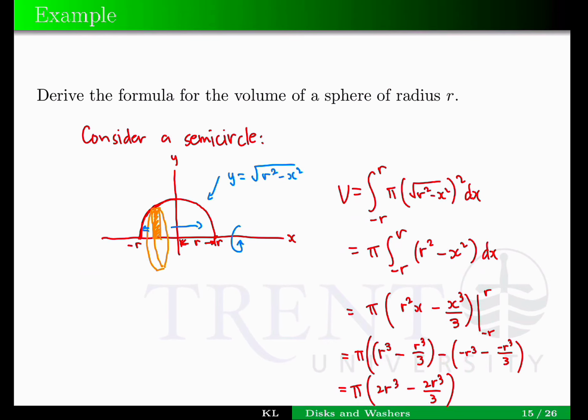And 6 minus 2, that's equal to 4. So this will be pi times 4r cubed over 3. Or the usual way, 4 thirds pi r cubed, which is the formula of the volume of a sphere.